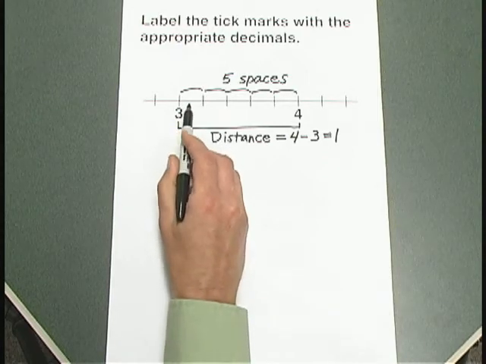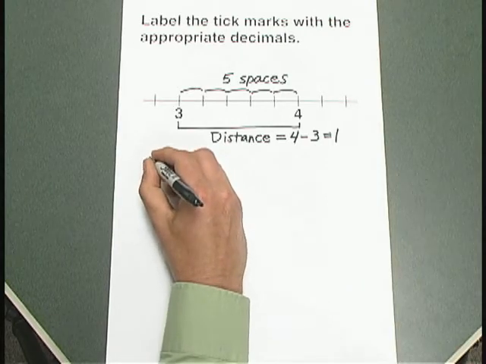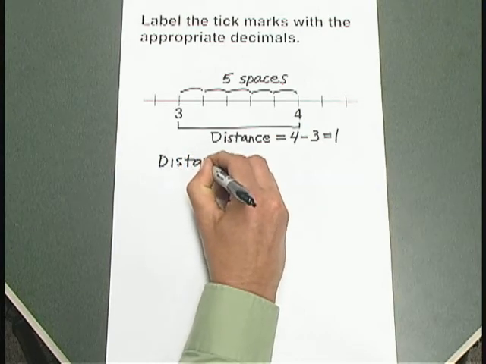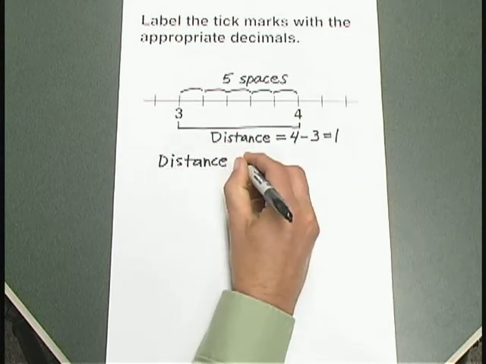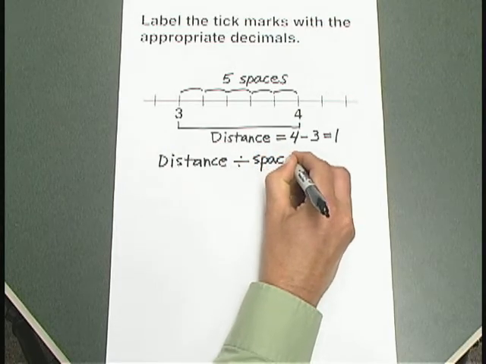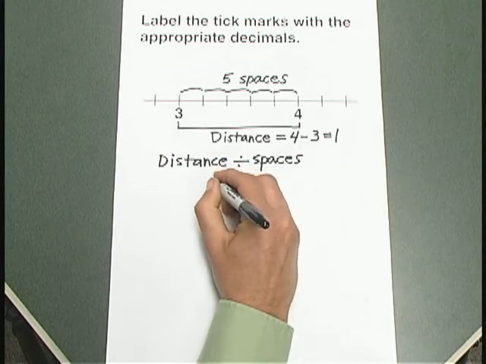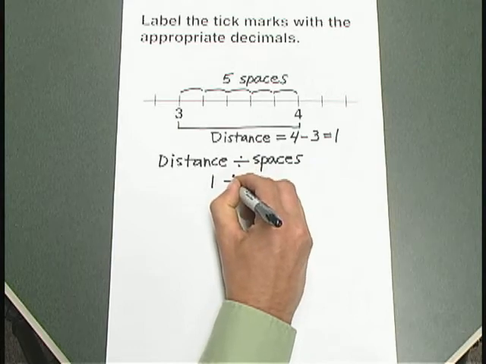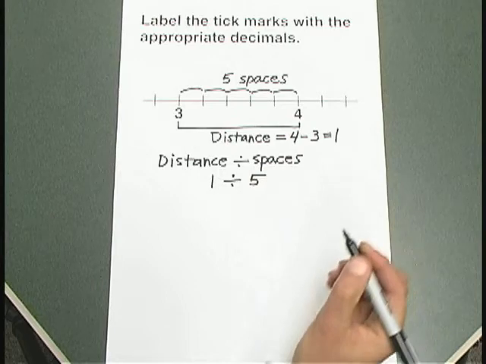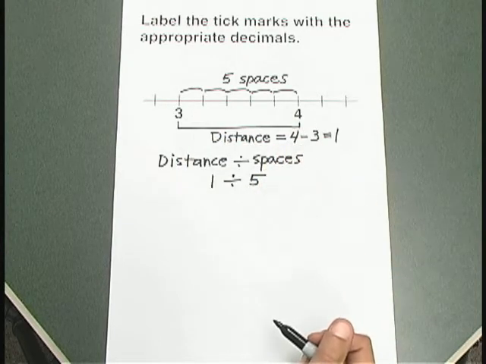We need to figure out the size of just one space, and we get that by taking the distance and dividing by the number of spaces in between. So we're going to take our distance of 1 and divide by the 5 spaces that we have in between the two numbers that are marked.